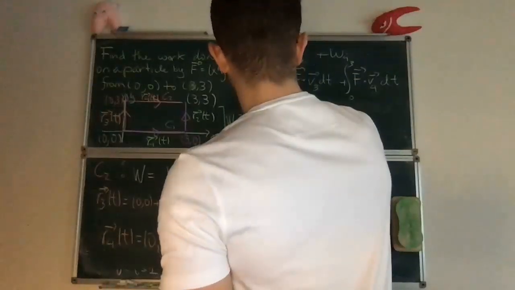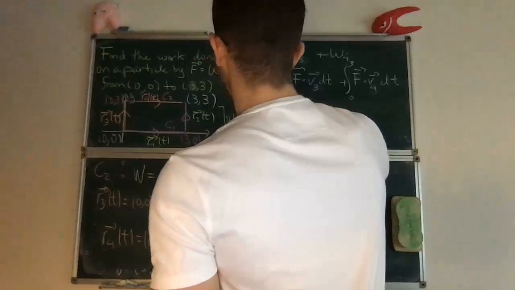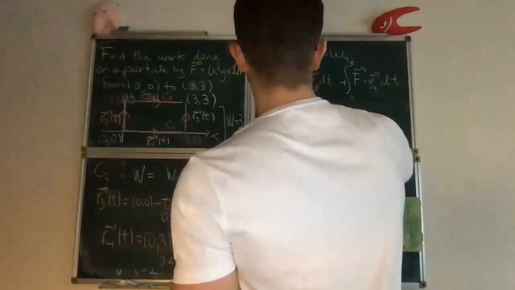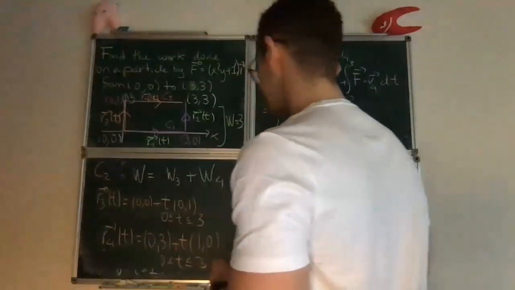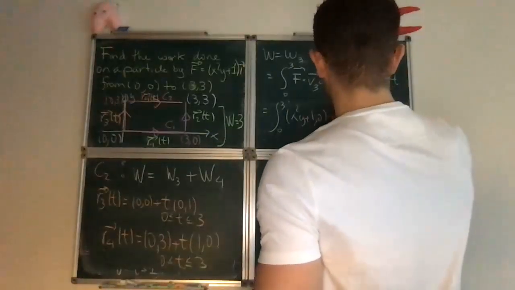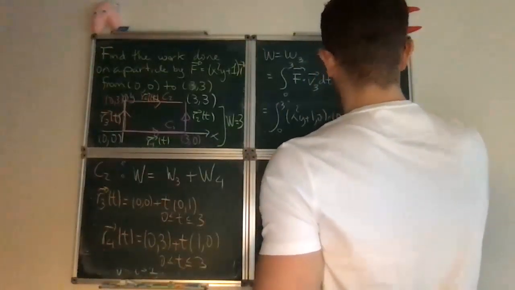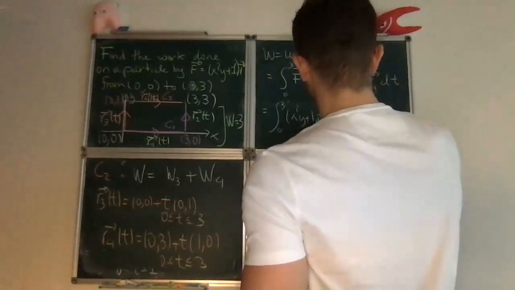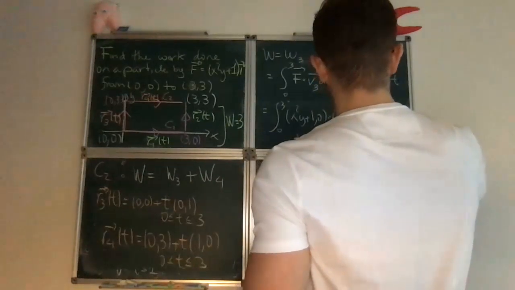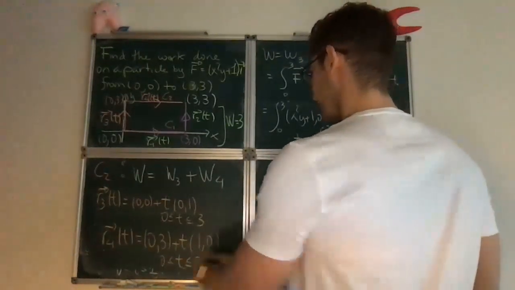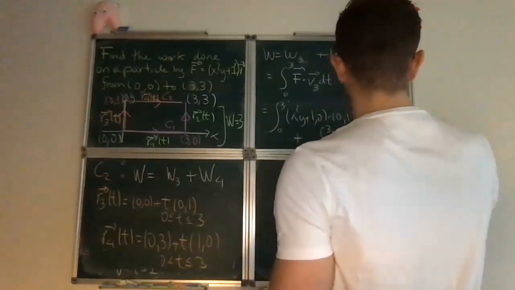This gives you the integral from 0 to 3 of (x squared y plus 1, 0) dot v3, where the velocity in this case is (0, 1), plus the integral from 0 to 3 of (x squared y plus 1, 0) dot the derivative here, which is (1, 0).